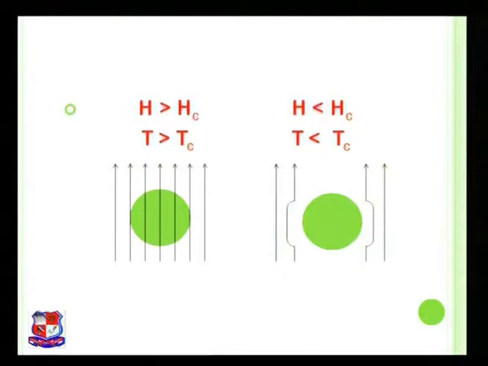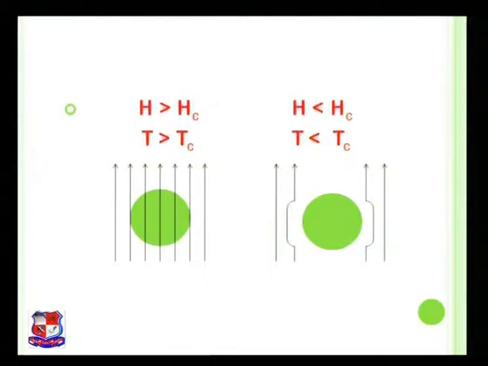The green circle is a normal material under this condition. When the field is greater than the critical field and the temperature is greater than the critical temperature, the material behaves as a normal material. That means the value of flux line passing through unit area will not be 0, so flux lines can pass in the first condition.